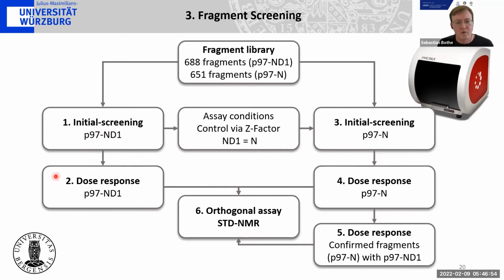So we first performed the screening with the ND1 construct, where we have ATP as a valid positive control to see if the assay works, and then transferred the conditions to the screening with the N domain. At the end of our dose response selections, we then tested the found hits again with the STD NMR method.